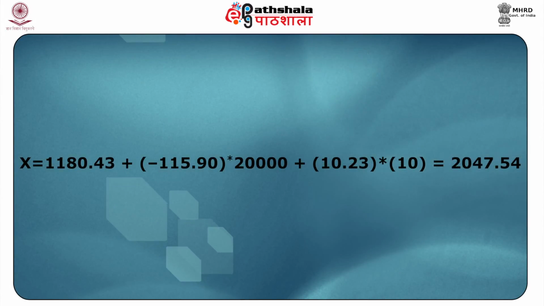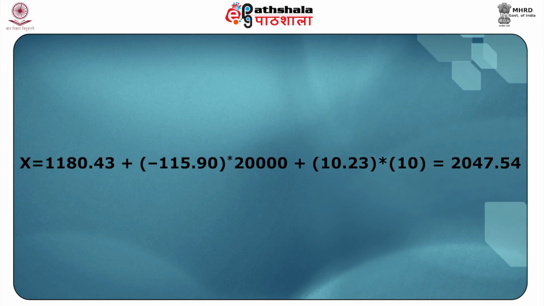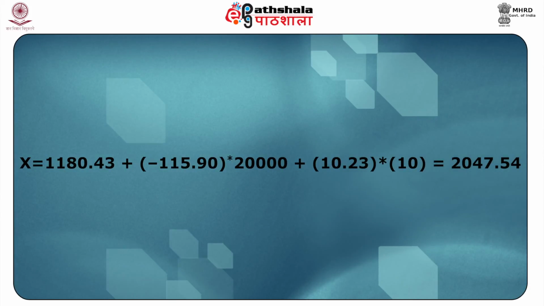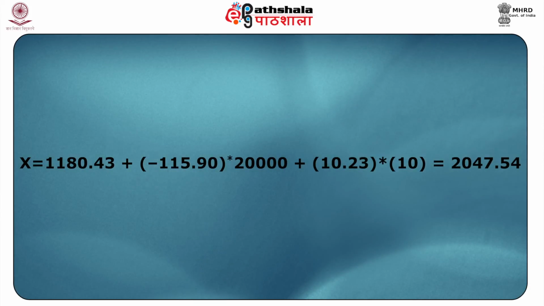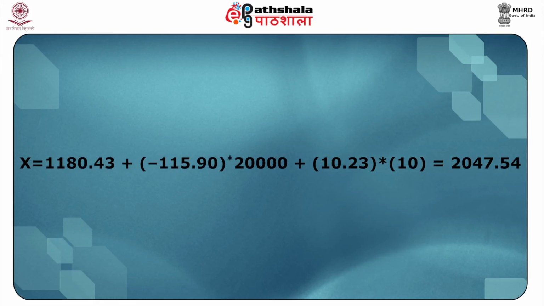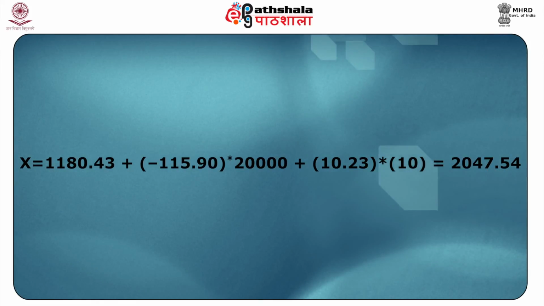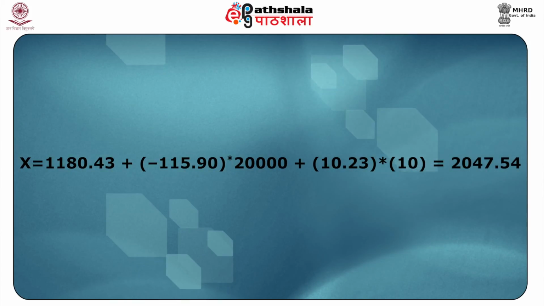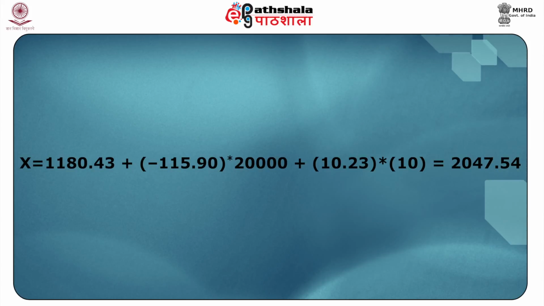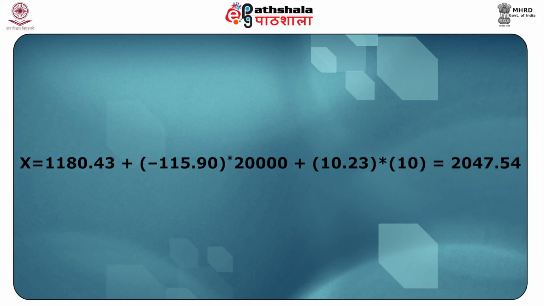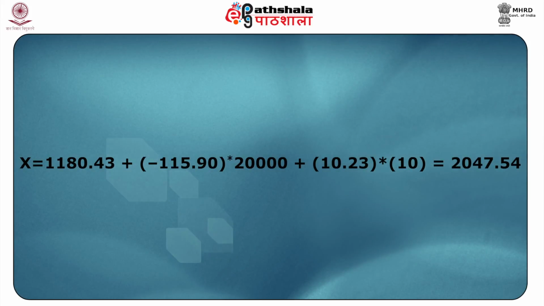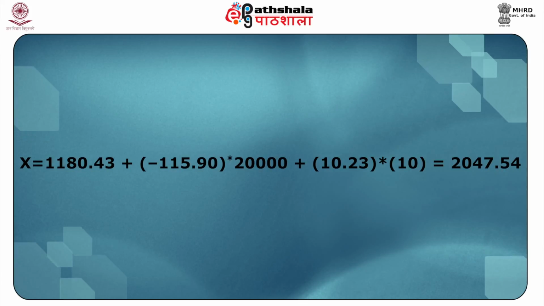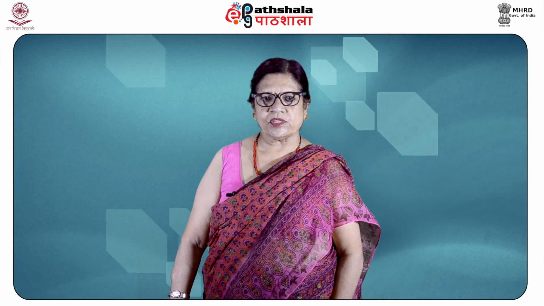At this point, the value of X comes out to be X is equal to 1180.43 plus within bracket minus 115.09 into 9 plus 0.09 into 20,000 plus 10.23 into 10 is equal to 2047.54. The elasticities are calculated as follows.